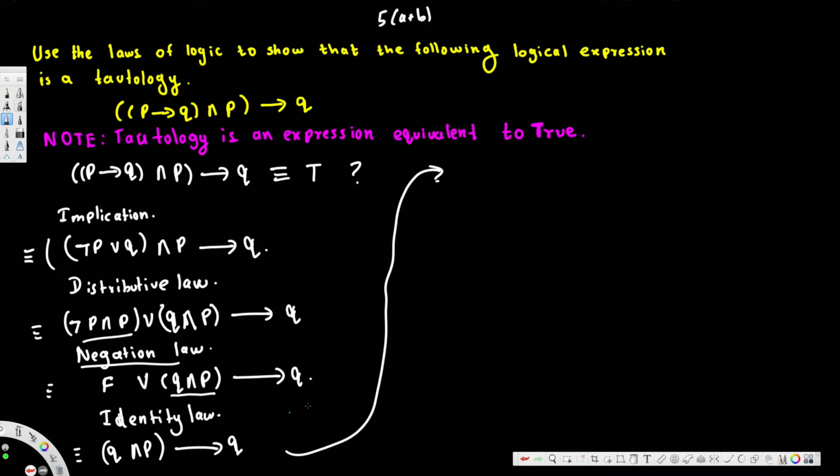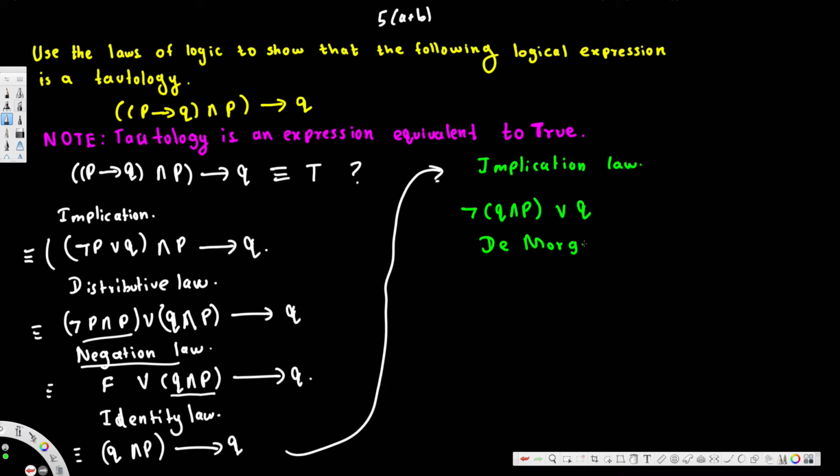So the next thing is we are going to use the implication law. As we saw before, when we have implies, we can get rid of this implies and replace it with a not here, and in the middle we will have an or. So let's go ahead and write that one: not (Q and P) or Q. And the next thing is we are going to use De Morgan's law.